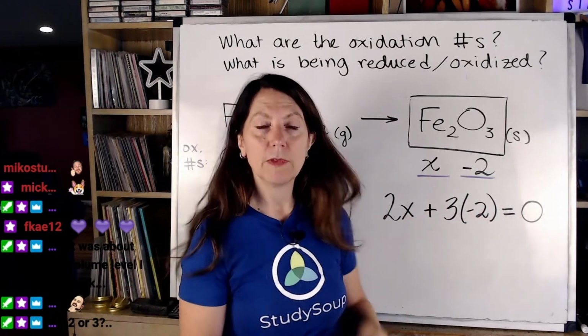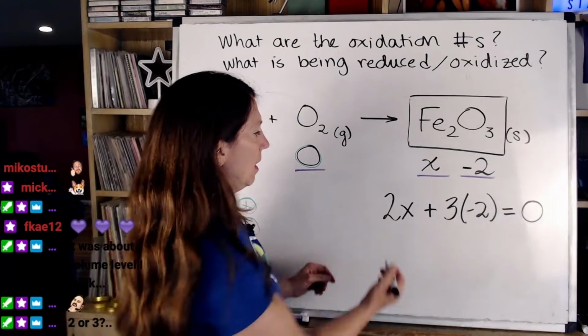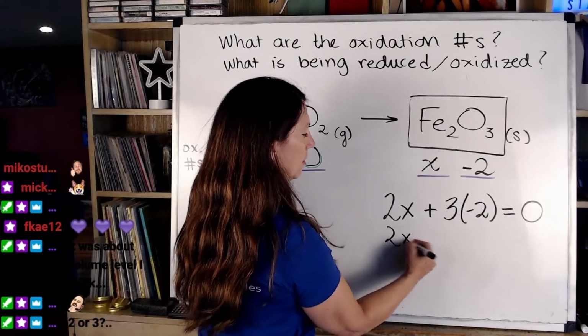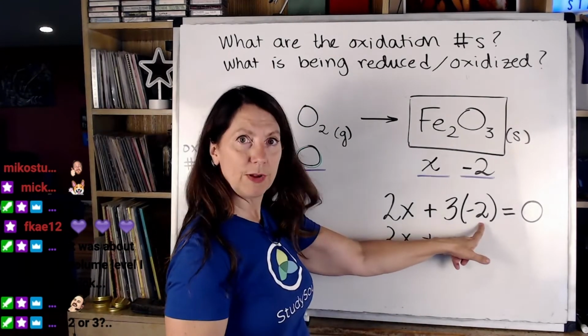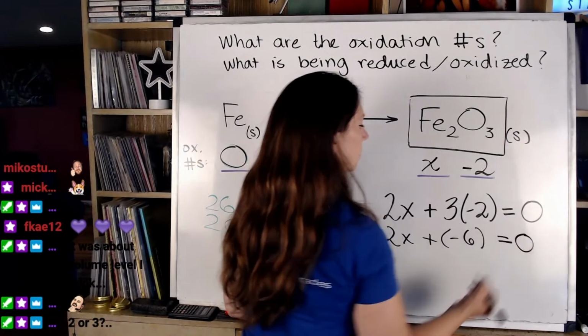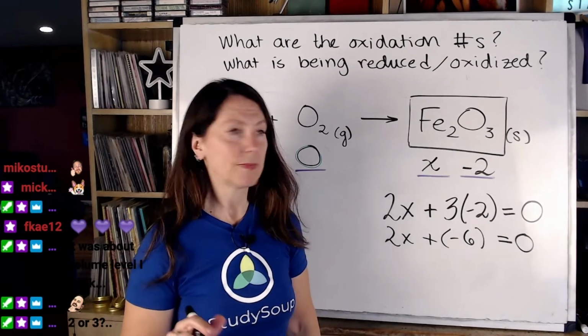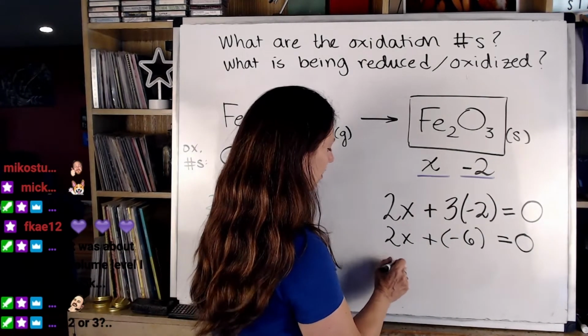Okay. So now we can do, as I said, we can do some algebra. And so we'll multiply 3 times -2 and we get -6. And then we can add 6 to both sides.